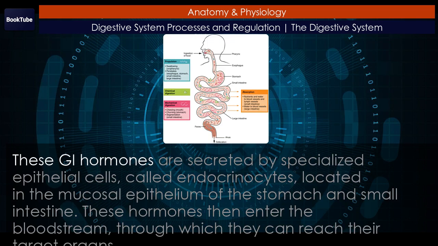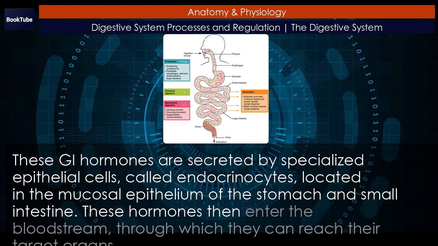These GI hormones are secreted by specialized epithelial cells, called endocrinocytes, located in the mucosal epithelium of the stomach and small intestine. These hormones then enter the bloodstream, through which they can reach their target organs.